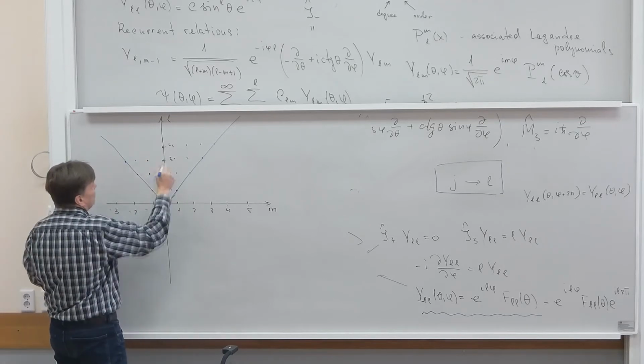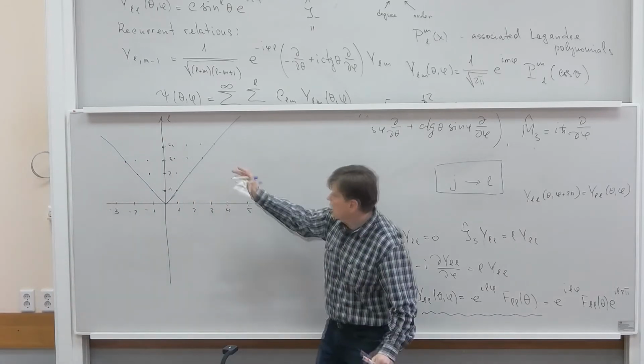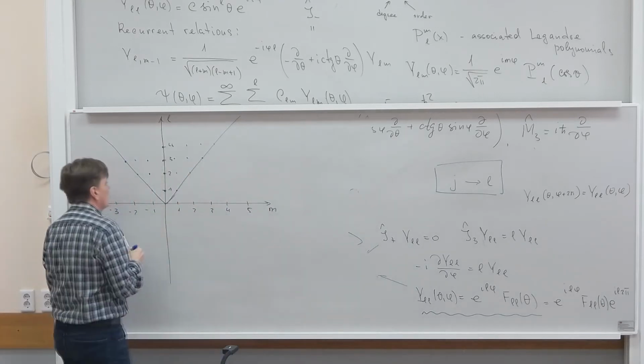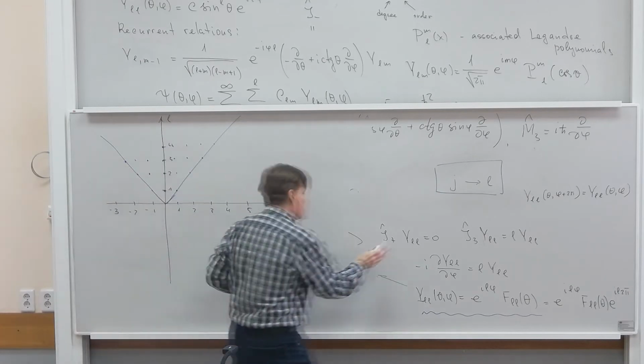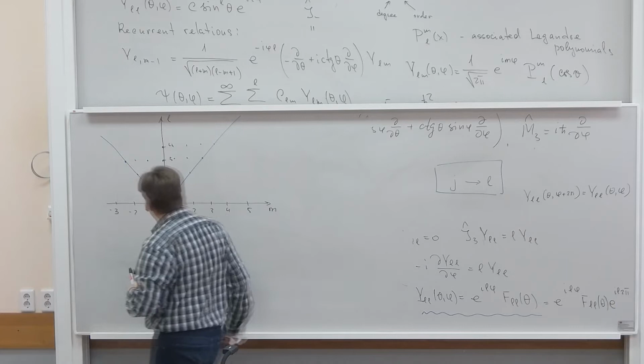All these are integer points inside the corner area. They correspond to the eigenstates of the rigid rotor.